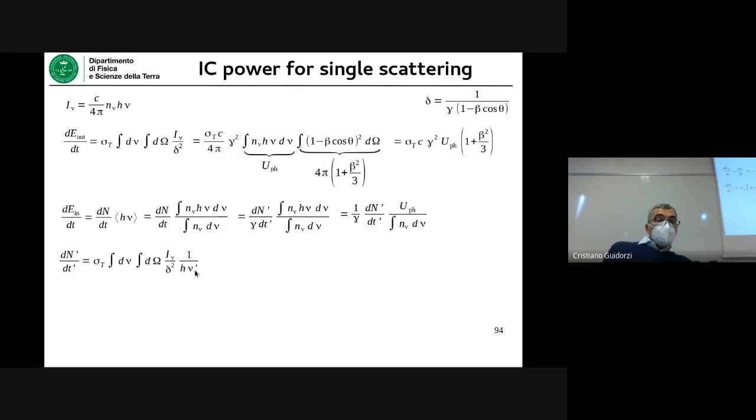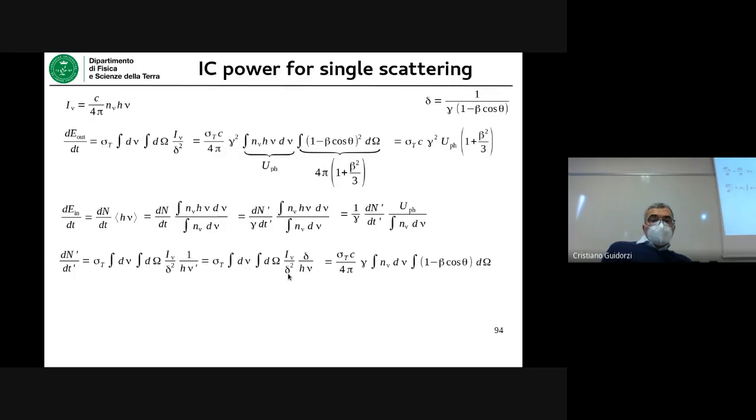But again, nu prime is nu over delta. So you see that in the end, with delta squared at the denominator, we gain an extra factor of delta at the numerator. So all this is just 1 over delta.